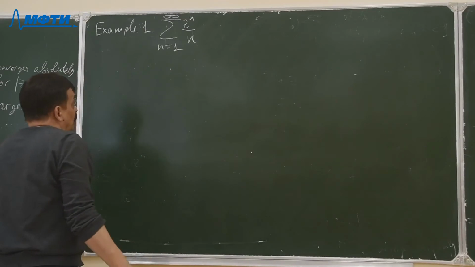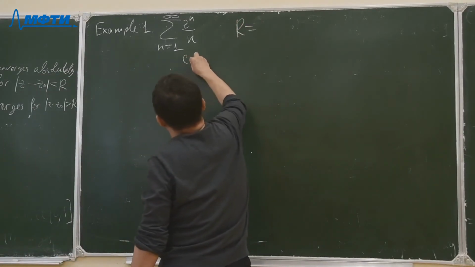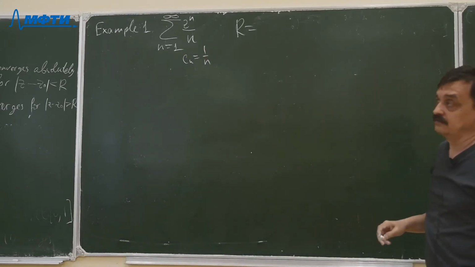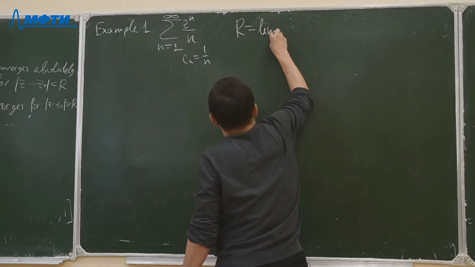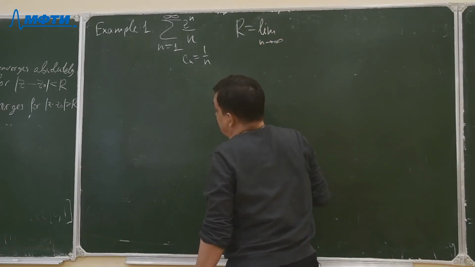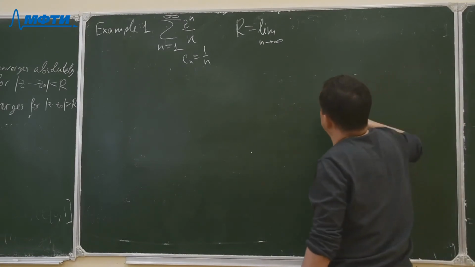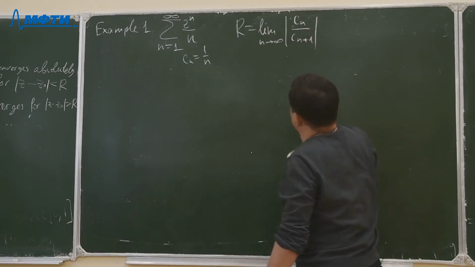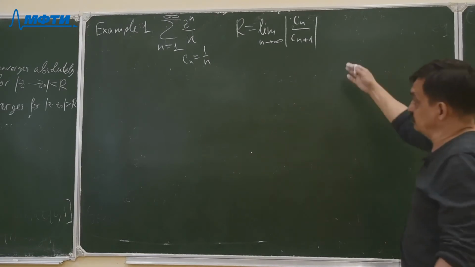For the radius of convergence, here we have c_n equal to 1 over n. Coefficients are real, in fact. For the radius of convergence, we can use another formula, not Cauchy-Hadamard, which doesn't always work, but sometimes it does. So here it works.